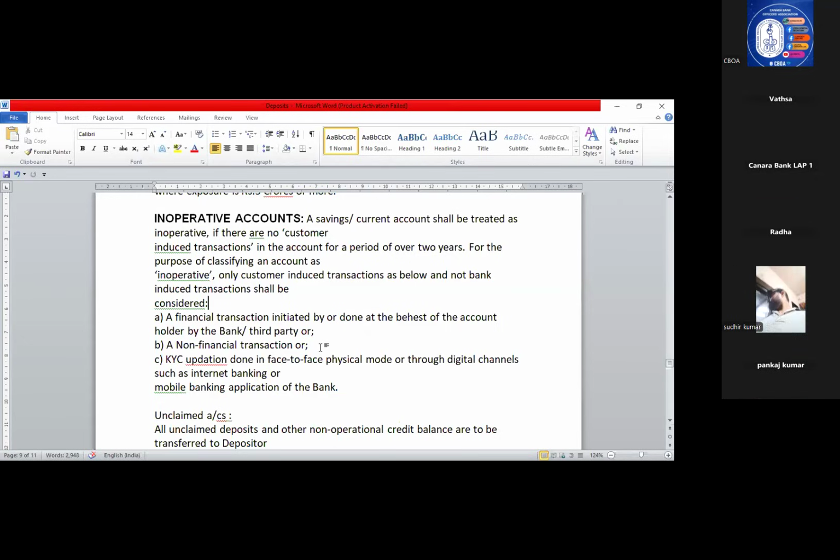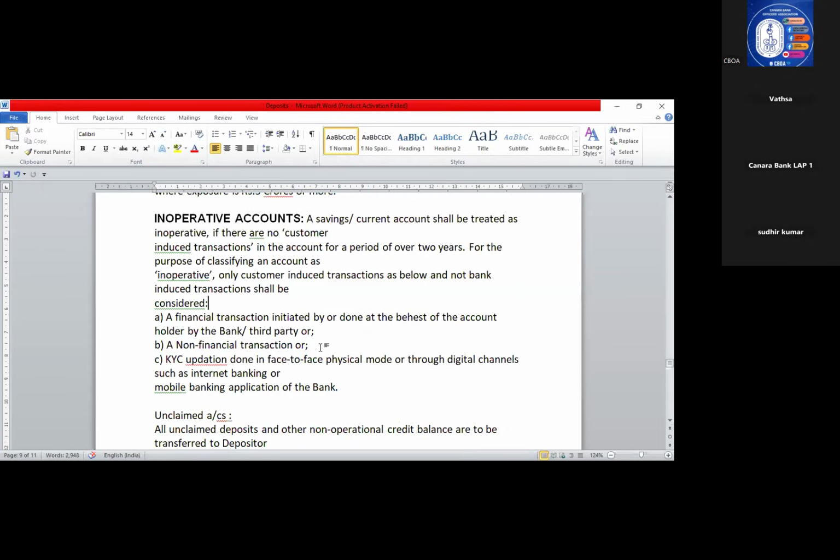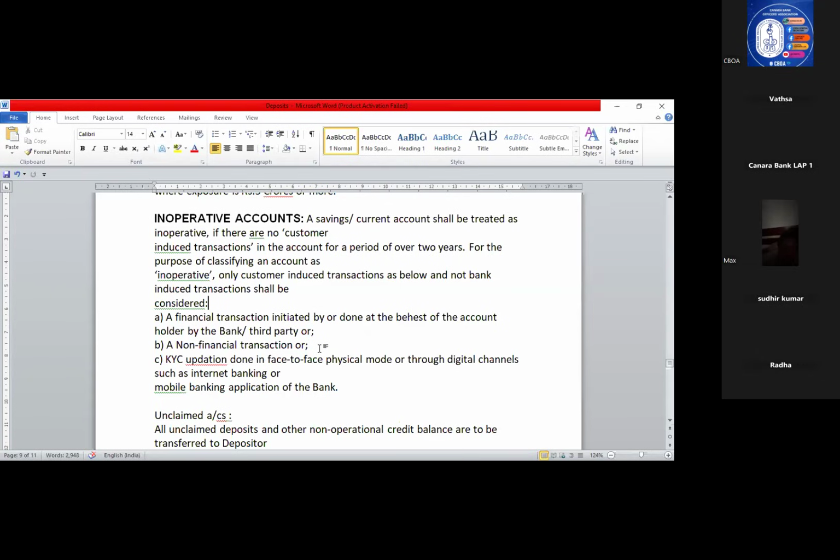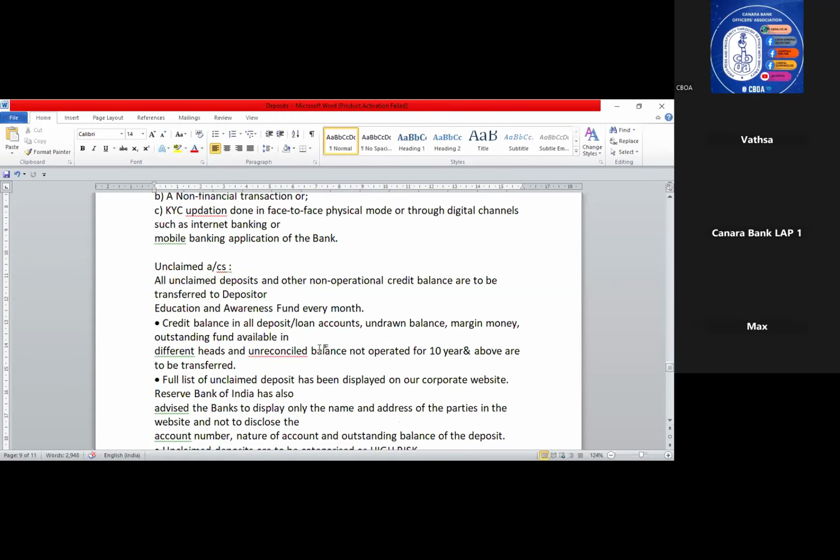Unclaimed accounts. Unclaimed accounts means if the customer is having more than 20 rupees in the credit, then the account has to be classified as unclaimed account. First F. Okay, depositor education and awareness fund.